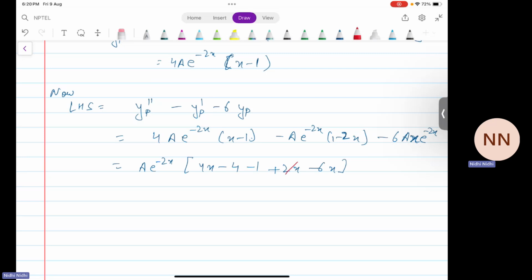This 2x plus 4x is 6x, which gets cancelled out. We are left with minus 5A e to the power minus 2x.